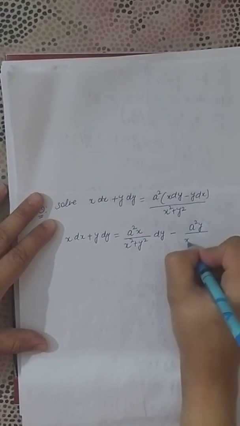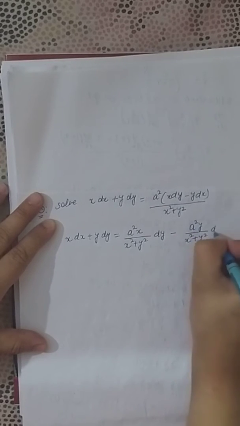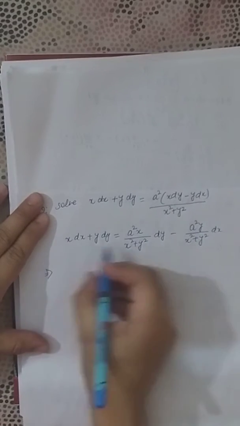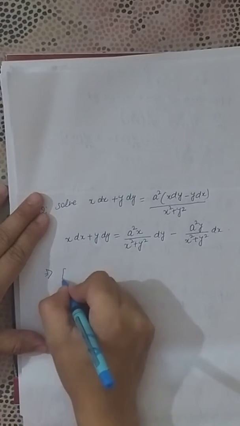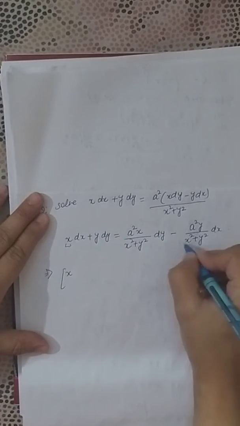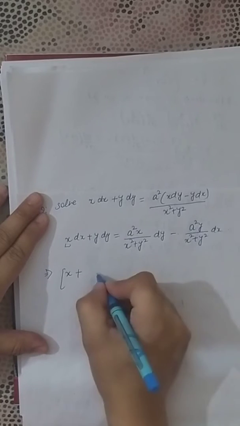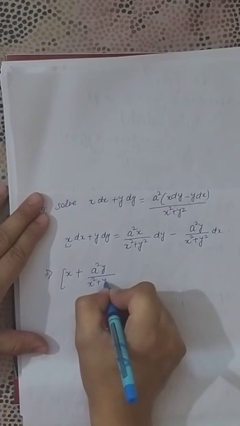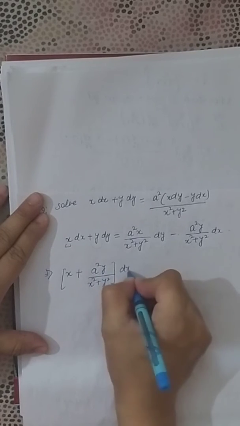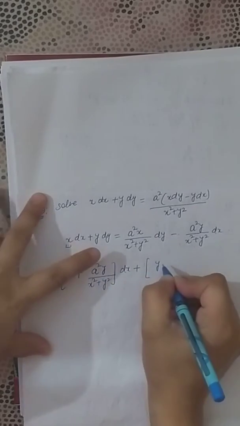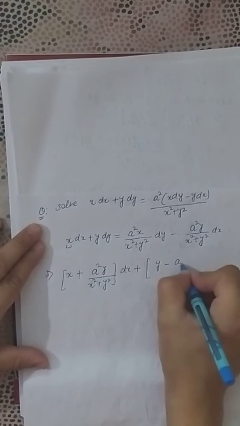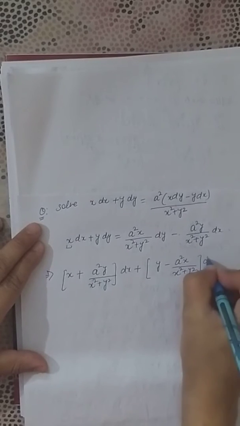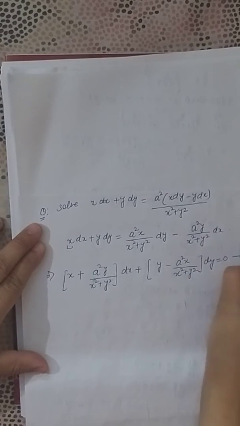a square y divided by (x square plus y square) dx. This implies that now I will combine the like terms: (x plus a square y divided by x square plus y square) dx plus (y minus a square x divided by x square plus y square) dy equal to 0.